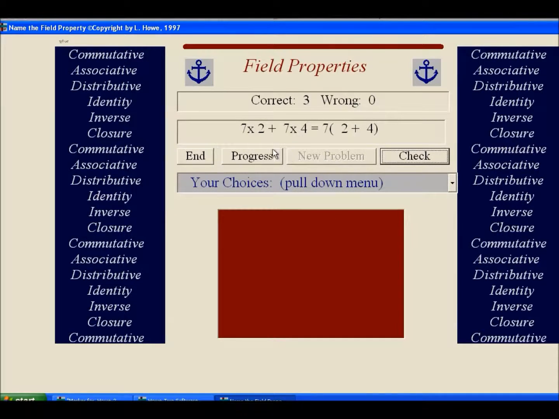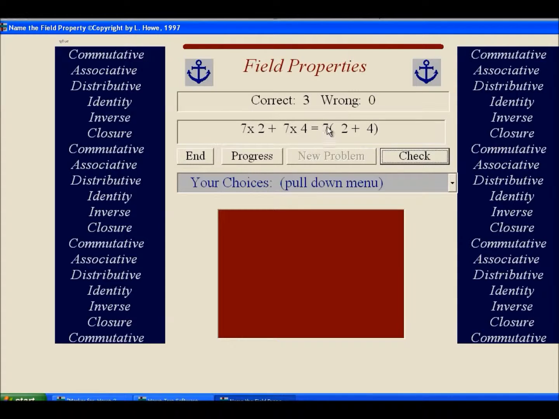New problem. 7 times 2 plus 7 times 4 is equal to 7 times 2 plus 4. This is an example of the 7 that's in front of this parentheses being distributed, passed out, to both the 2 and to the 4.